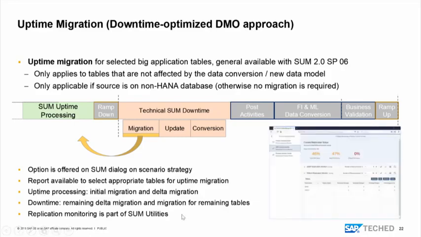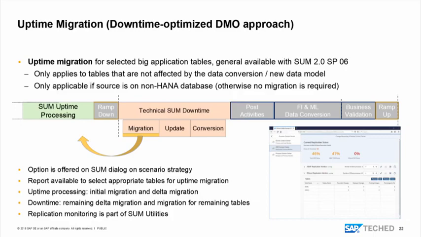And the user interface of the software update manager contains a monitoring, so the SUM utilities show the replication monitor so that you can see which amount of these large tables is already replicated, again based on the end user activity and on the replication processes that are shifting those changes by end users to HANA then in there. That is what we call downtime optimized DMO, generally available.